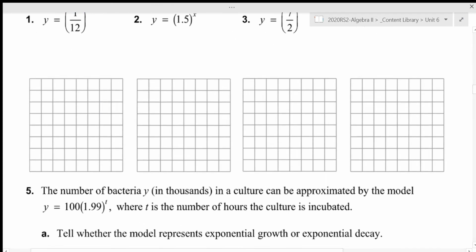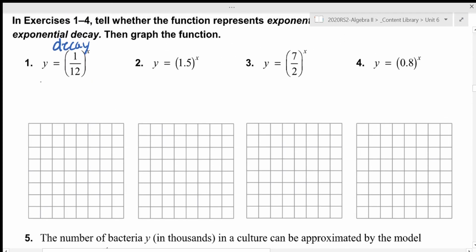Next, to graph this, we're going to graph a small table of values. So we'll make our little XY table. I'm going to pick -1, 0, and 1 and plug that into the function to get y values.